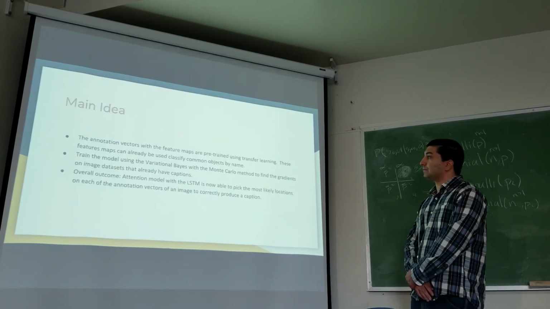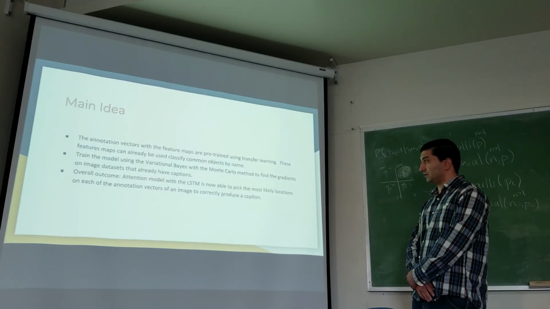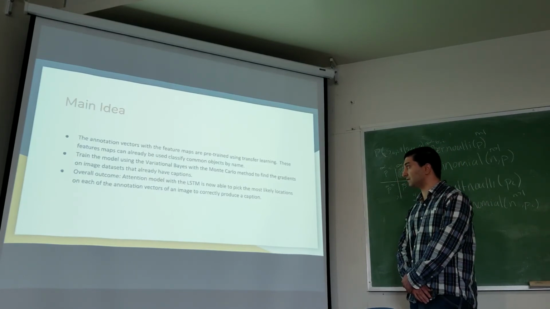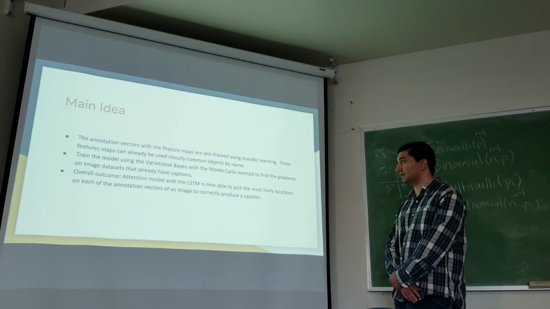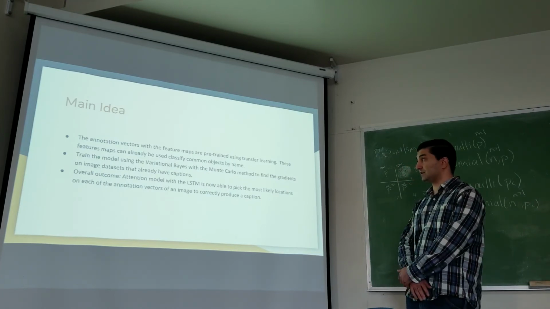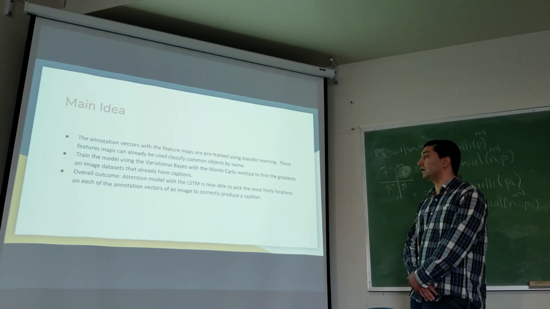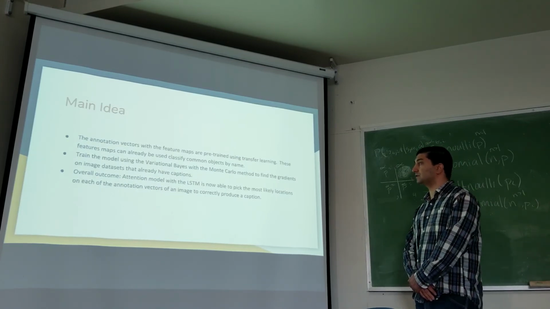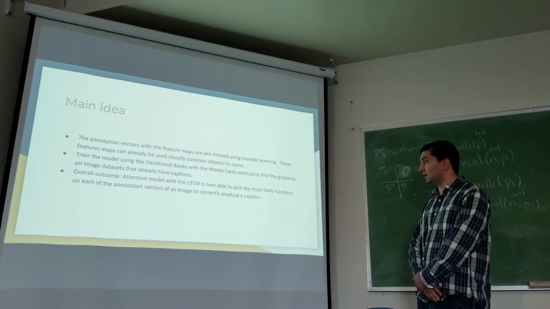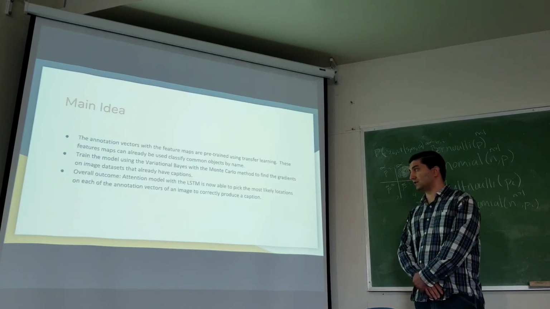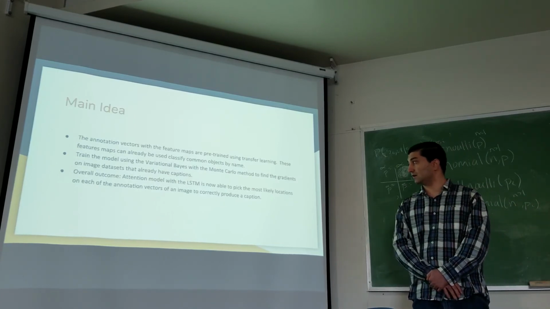So here we're going to train the model using the variational Bayes method with Monte Carlo to find the gradients on an image data set that already has captions. So it's going to be trained based on those labels. And the overall outcome is that the attention model with the LSTM is now going to be able to pick the most likely locations on each of the annotation vectors of an image to correctly produce a caption.